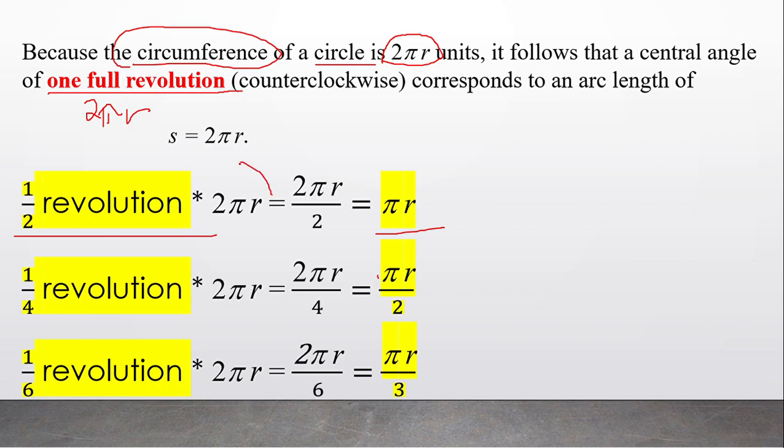This is all constant: whenever you take a revolution, you always multiply it by the full revolution, which is 2 pi r. So 1/6 times 2 pi r is 2 pi r over 6. Divide 2 by 6 to get 1/3, so pi r over 3. So 1/6 revolution is equal to pi r over 3.